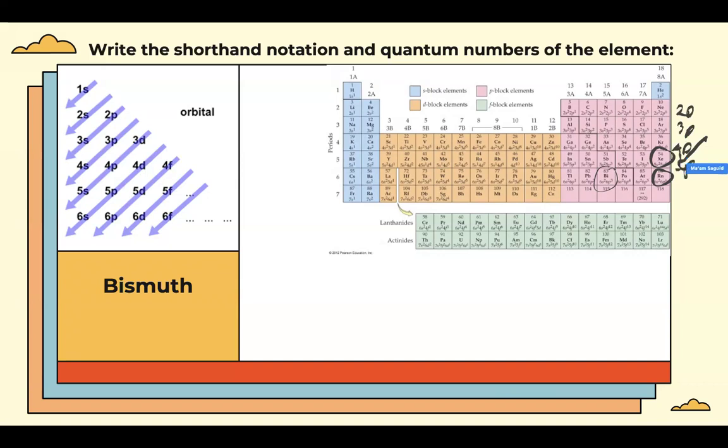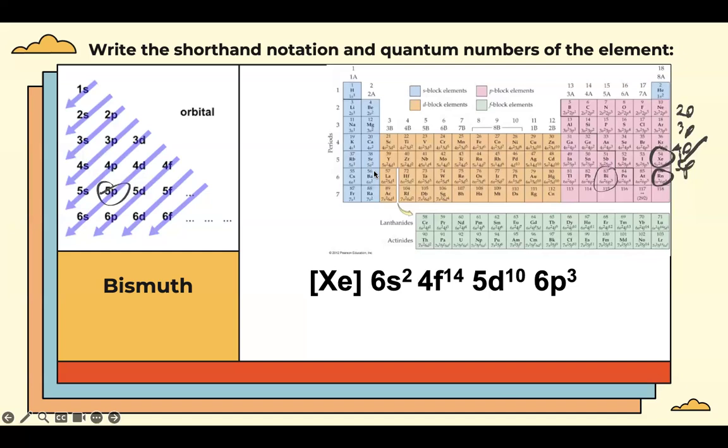So xenon stops at 5p. So all you have to do is continue. After 5p, we have 6s. There, 6s2. After 6s2, we have 4f14. After 4f14, we have 5d10 and then 6p3 to have a total of 83 in bismuth.